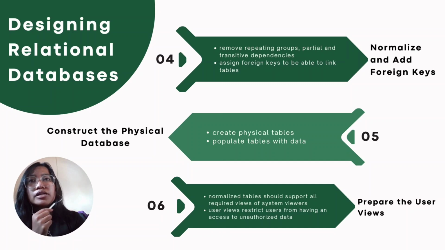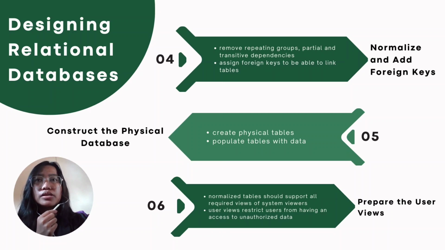So the fifth phase of designing relational databases is constructing the physical database. So in this next step is to create the physical tables and populate them with data. This is an involved step that must be carefully planned and executed and may take many months in a large installation.